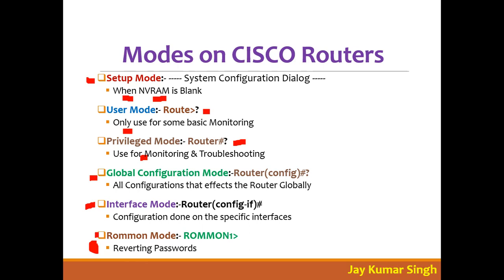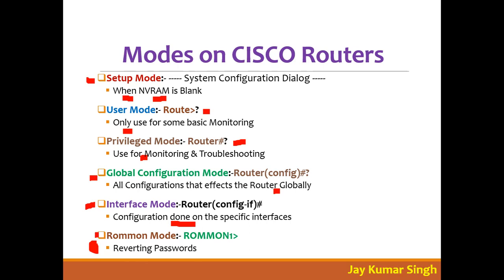Global configuration covers all configuration that affects the router globally. Then there are interface modes, line modes, and router modes, known as sub modes, sub configuration modes, where configuration is done on a specific interface or a specific router mode. So global mode is divided into sub modes.